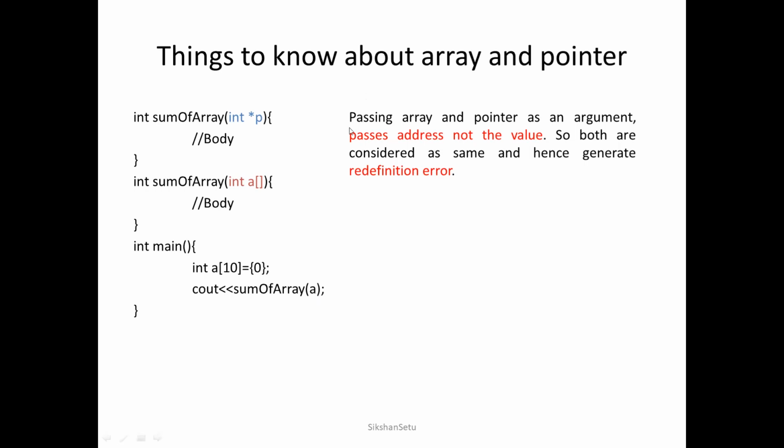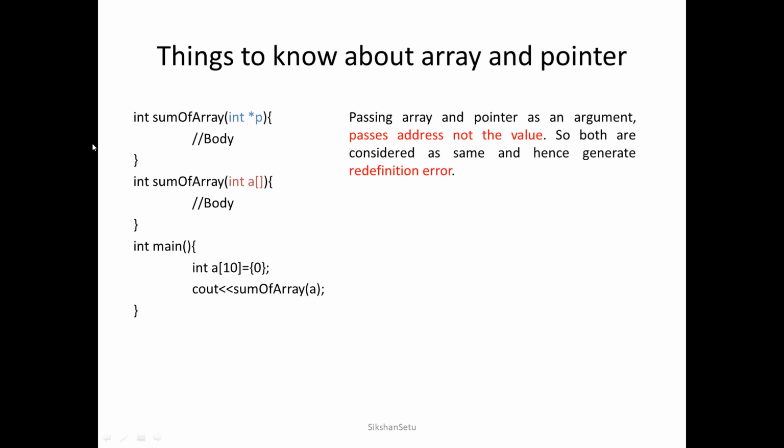So if you pass an array or a pointer as an argument, the meaning is you are passing an address, not the value, so that these two are the same. Here you are passing an address, here also you are passing an address. So both the functions are considered to be the same. When you try to execute this code, the compiler will prompt you an error, that is a redefinition error.